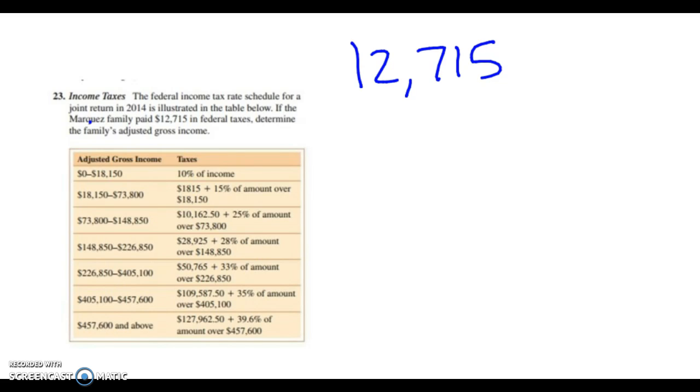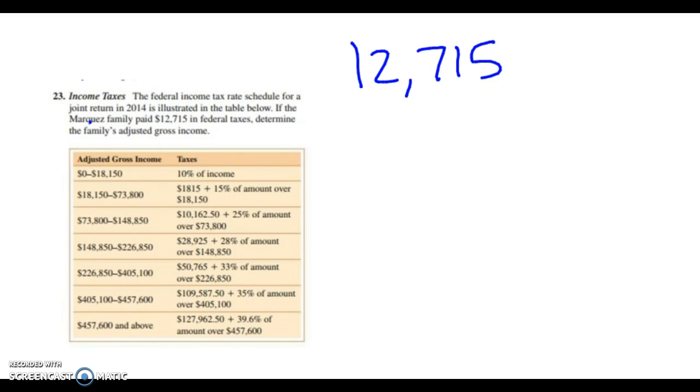So if we look at the first row, this bill would have been 10% of the income. Okay, the family paid way too much. This bill would have been $1,815. Is that very close to $12,000? No, it's not.